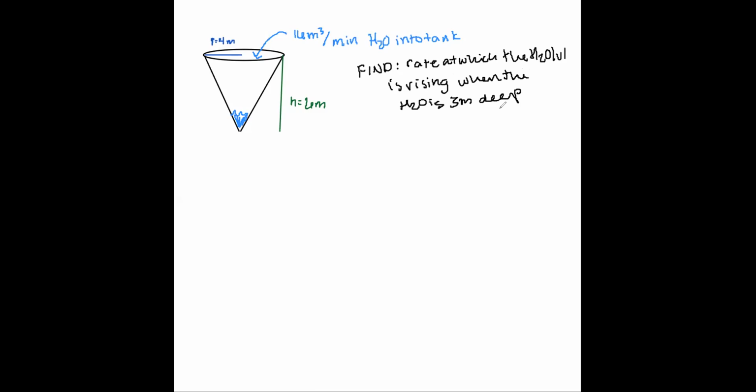So, basically, what do we have here? We have a small cone inside of a large cone. We have dV/dt.